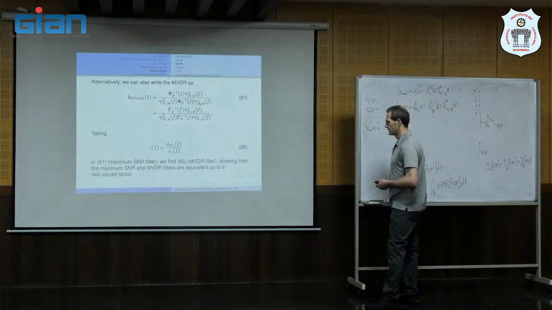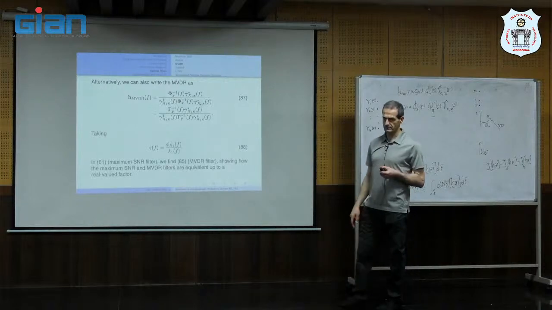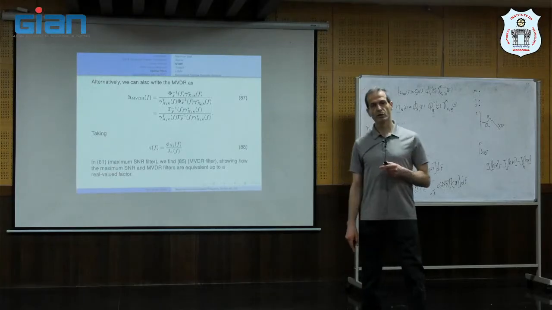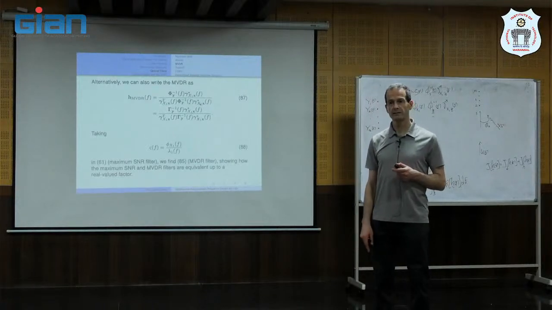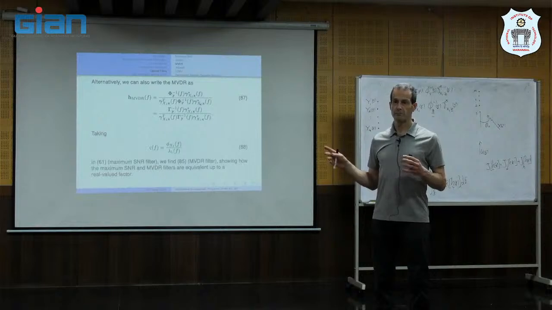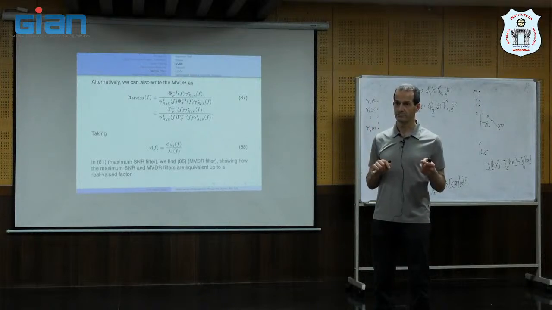Now a question. I have a question for you. Suppose that I find the MVDR which minimizes the distortion for the narrowband. Is it also optimal in the broadband sense?